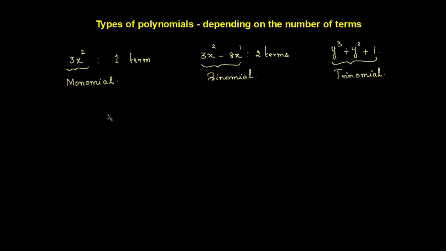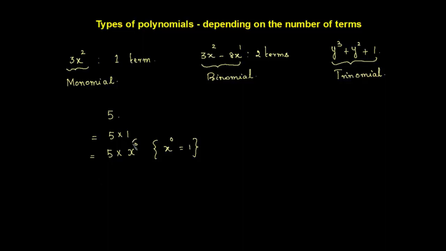Now, take for example the number 5. Is this a polynomial? Let us find out. This 5 can be written as 5 multiplied by 1. And this can further be written as 5 multiplied by x to the power 0. What is x to the power 0? It is equal to 1. So 5 into 1 can be written as 5 into x to the power 0.